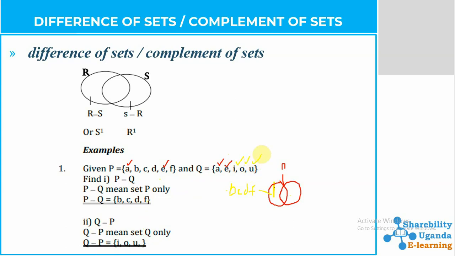So these members which are left are going to be this one now, which is the Q, and this is the P. So our Q members are going to be I, O, and U.